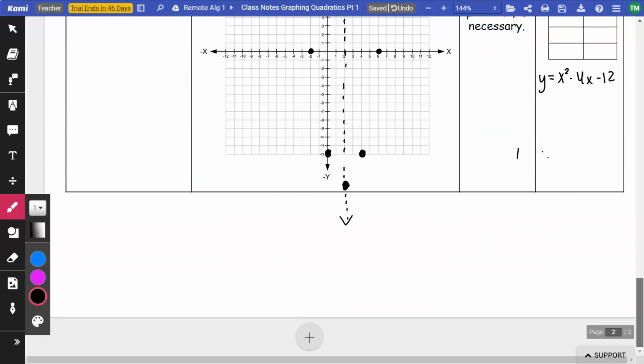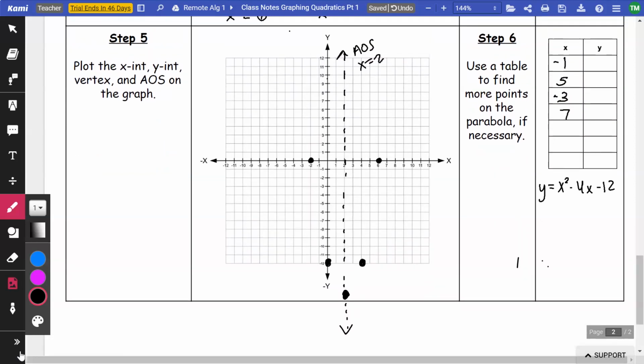That'll help me get my work done here. So y is equal to negative 1 squared minus 4 times negative 1 minus 12. So y is equal to 1 plus 4 minus 12. y would be equal to negative 7. Hopefully that's right. You guys aren't here to correct me.